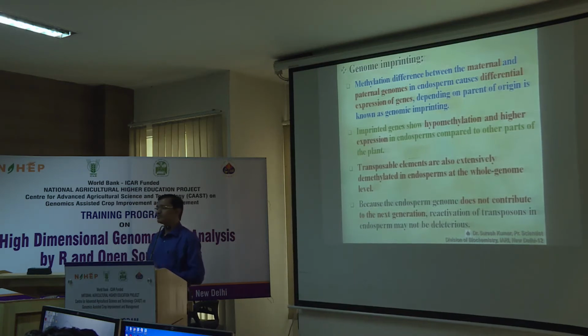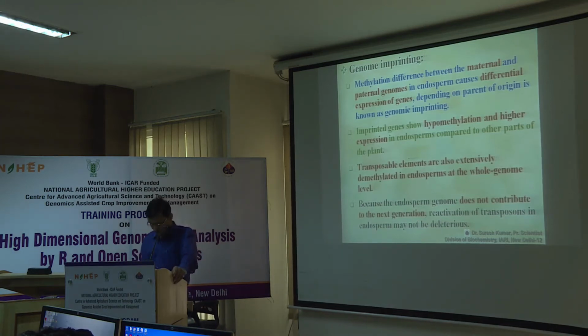One of them is kept silent. If expression is from the mother genome, that is called female imprinting, and if the genes are expressing from the male part, that is called male imprinting. The other component of the genome is heavily methylated to silence it. So, that is going to play in imprinting of the genome. Epigenetic changes are playing a role.